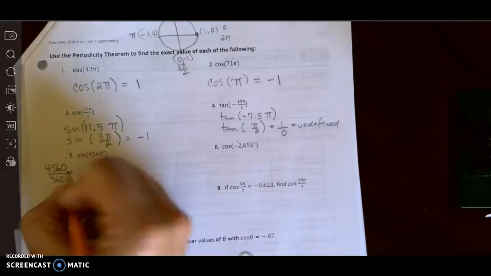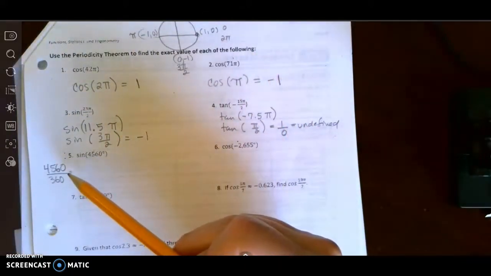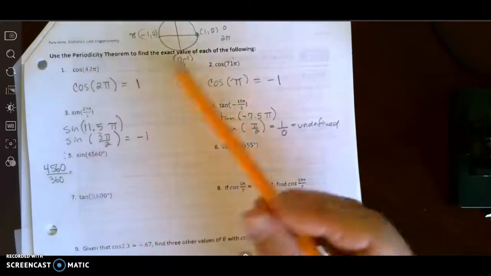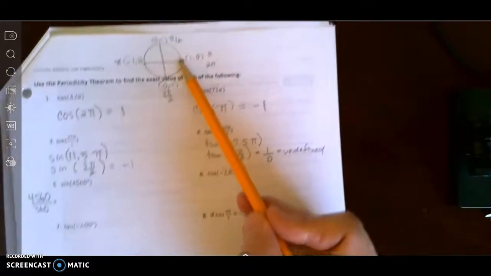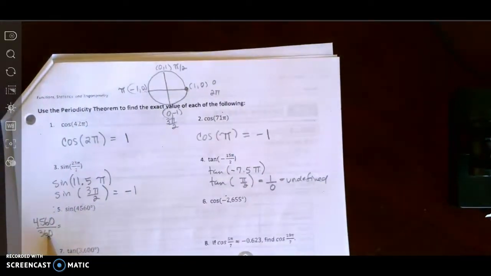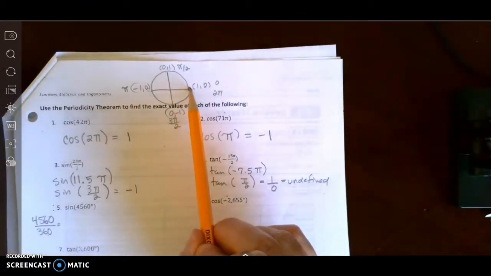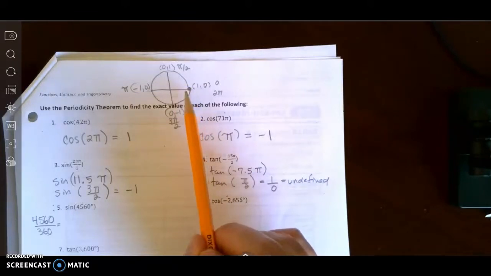And I get that's 12 2/3. You have to remember, 12 revolutions, 12 brings me here, full revolutions. Doesn't matter if it's even or odd, because 360 is a full revolution. If I go all the way around to here 12 times, and then I have 2/3 of a revolution left, 0.6 repeating.